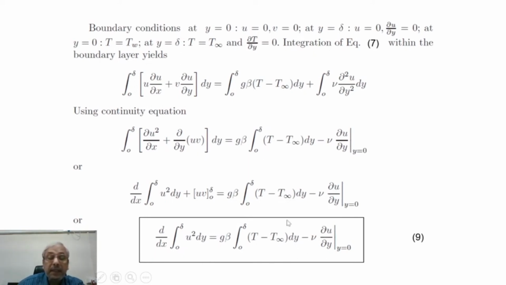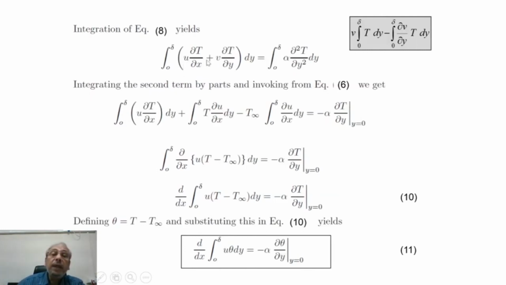So we can summarize this as d dx of integral 0 to delta u squared dy equal to g beta integral 0 to delta t minus t infinity dy minus nu del u del y at y equal to 0. And in the natural convection scenario, we call this the momentum integral equation.